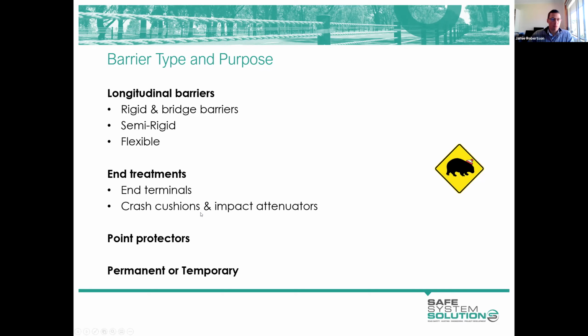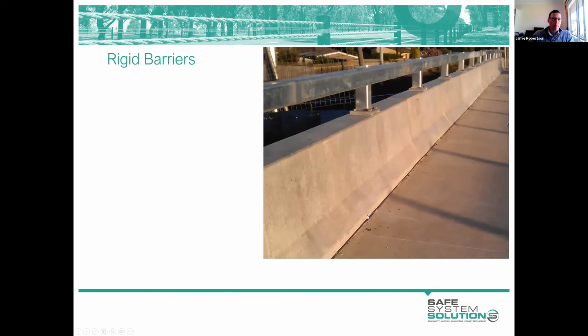We're mostly talking about permanent installations today, but basically the same principles apply to any installation, permanent or temporary. But we are dealing with a different suite of products and typically a different barrier function and different speed environments.